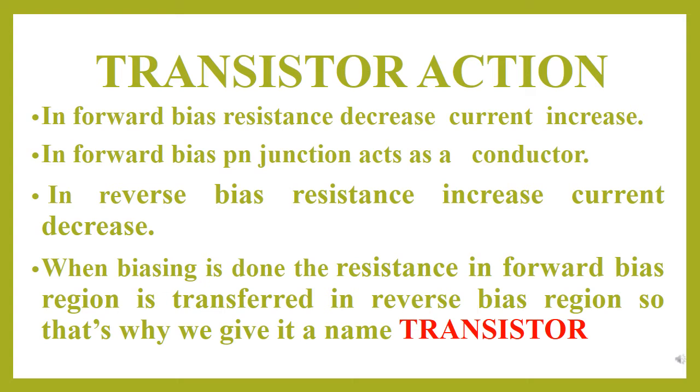The resistance in forward bias is decreased, so current is increased, and in reverse bias the current is decreased because resistance is increased. In forward bias, a PN junction behaves like a conductor because the depletion layer is omitted and the current starts flowing.